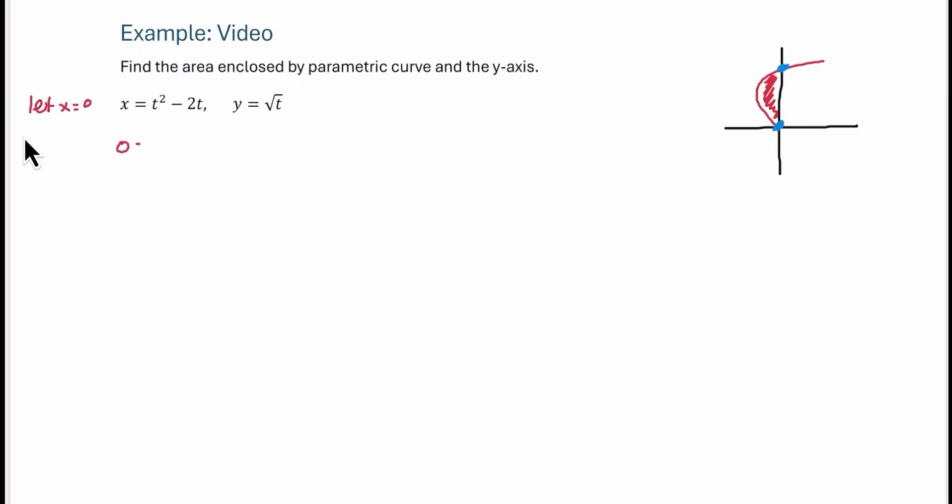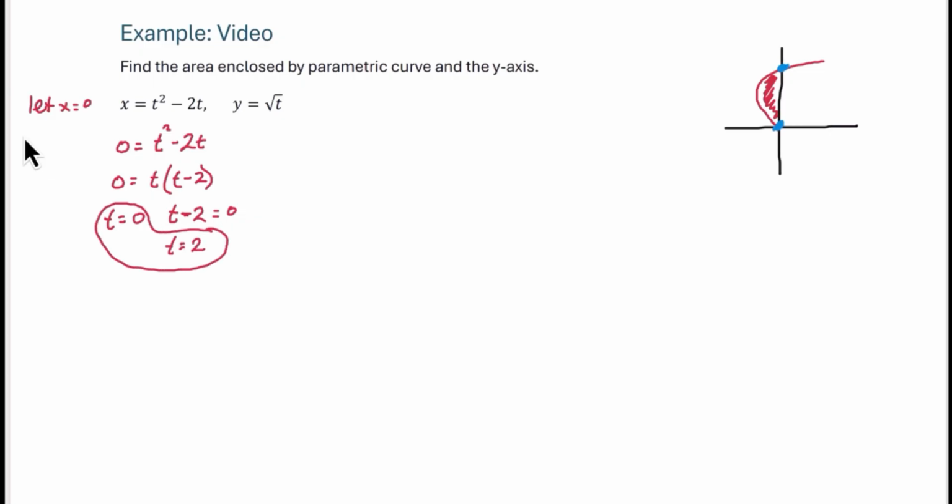Then 0 equals t squared minus 2t. And solving the quadratic, we'll factor out t. Set each of those factors equal to 0. And we get that t is 0 and t is 2.